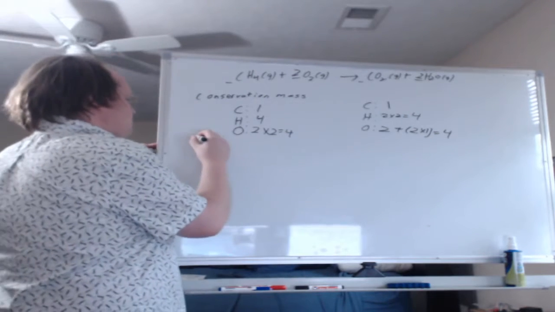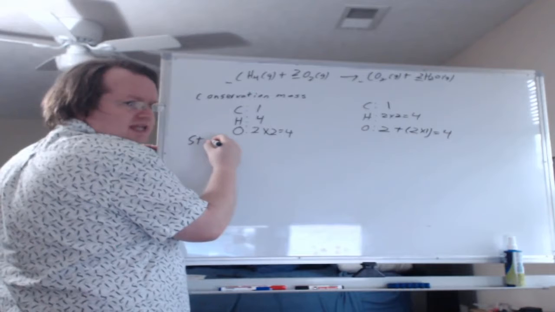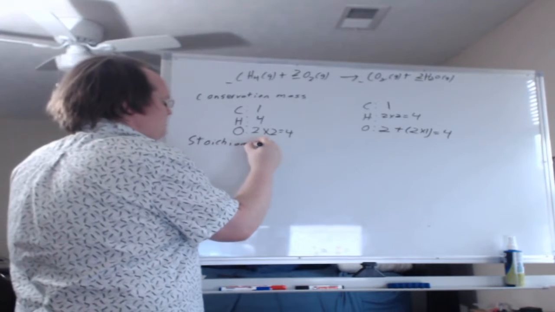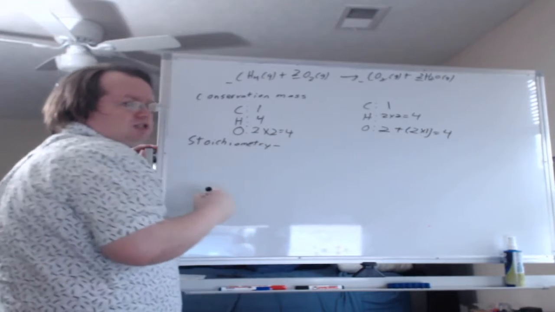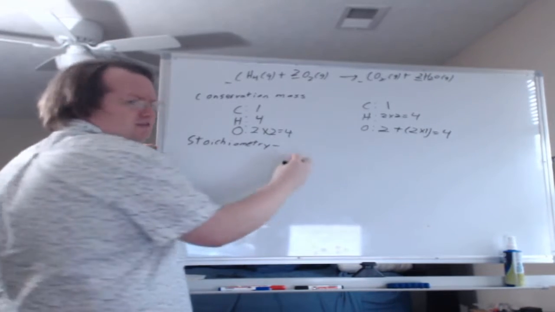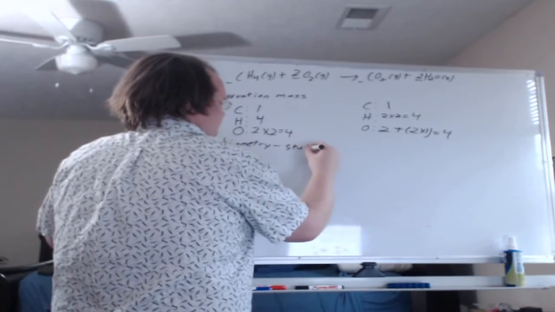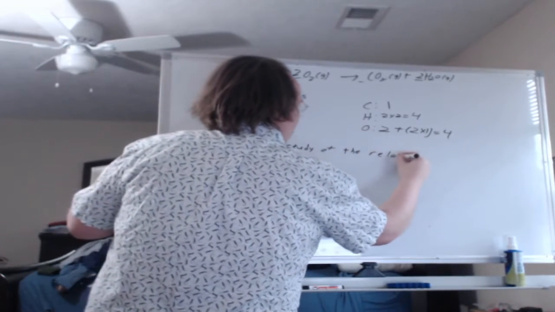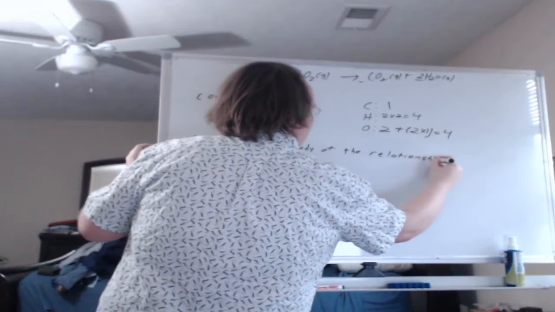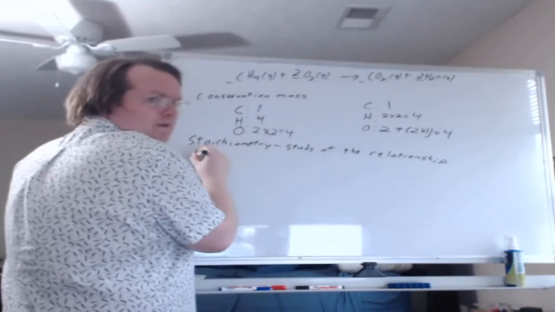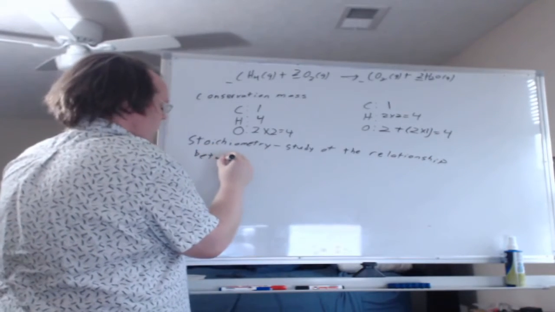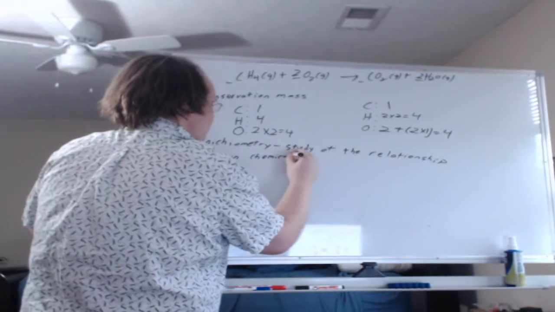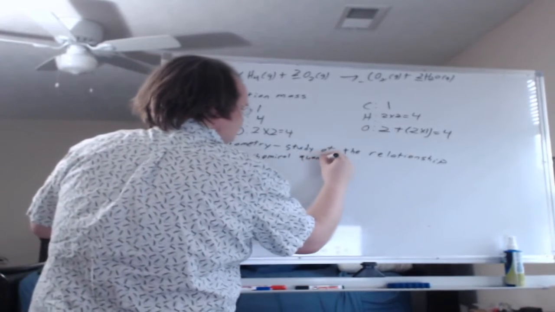A term that you may see used to talk about what we're doing here, and basically the rest of this chapter, is a word called stoichiometry. This is going to be the study of the relationship between chemical quantities in a chemical reaction.